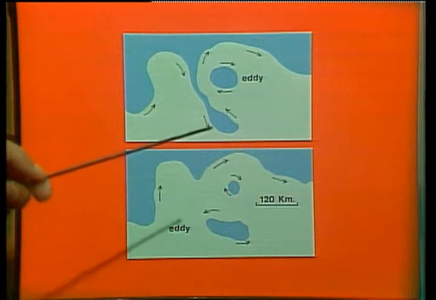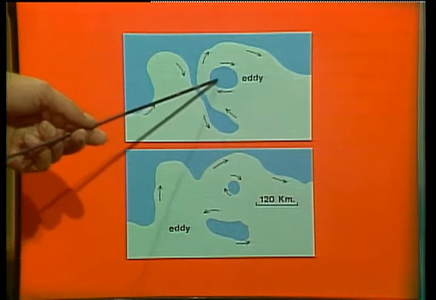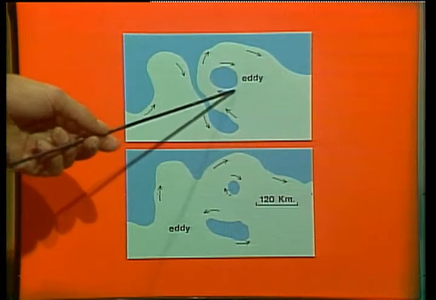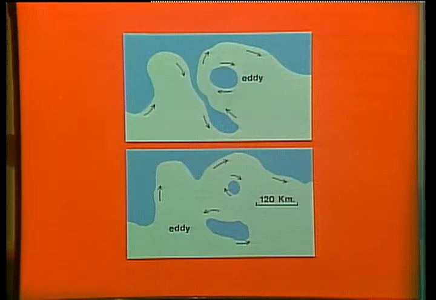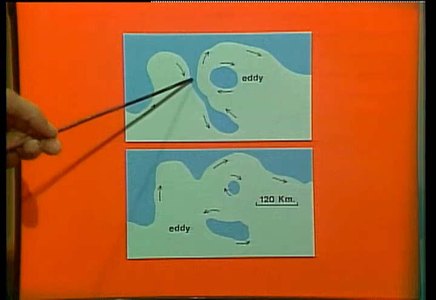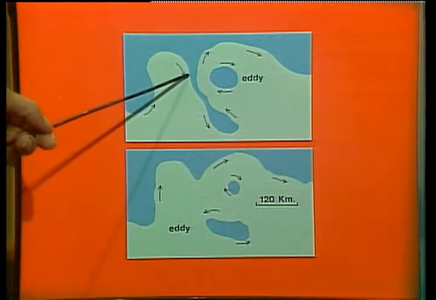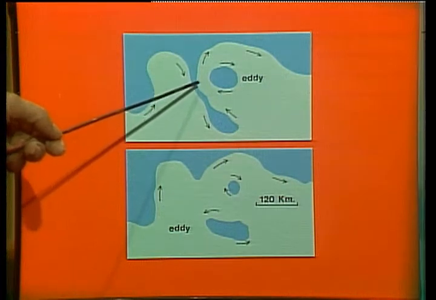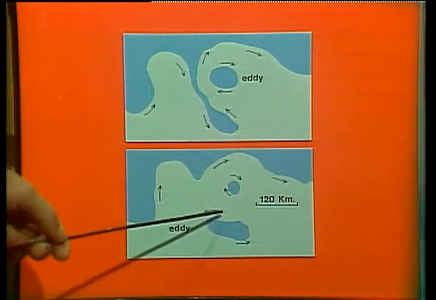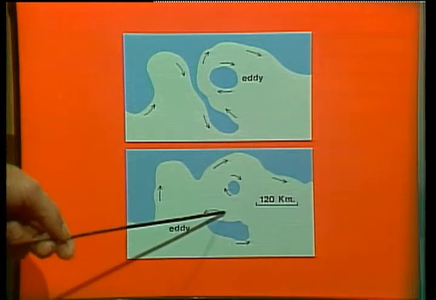It was also noticed that there seemed to be an eddy rotating which wasn't connected with the stream at all. A little later on, it was noticed that in fact this big loop to the south, which would be over 100 miles long, had in fact broken off, and there had been another eddy formed.